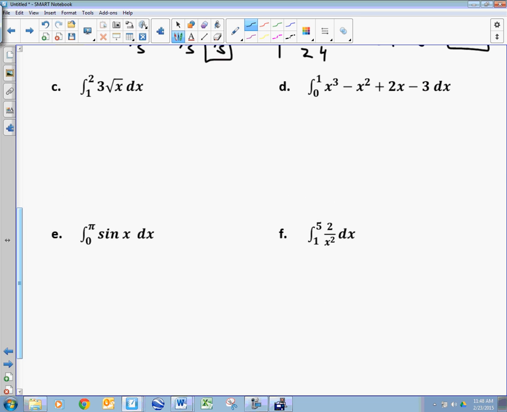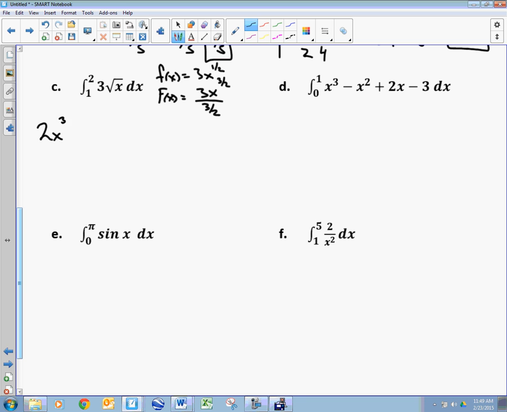We can even do square root functions. So if f of x is equal to 3x to the 1/2, what is big F of x? 3x to the 3/2 divided by 3/2. And if you multiply by the reciprocal, you'll get 2x to the 3/2.